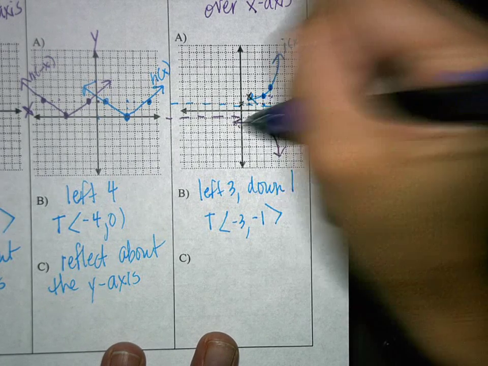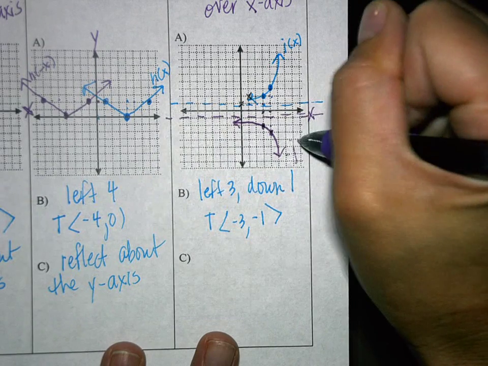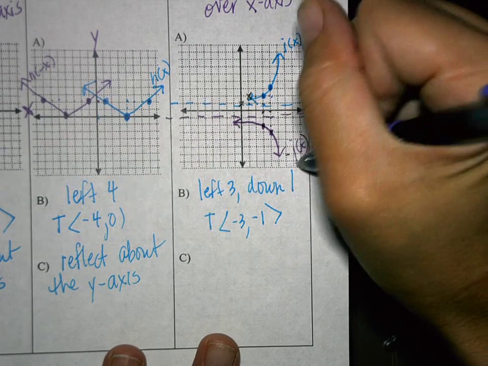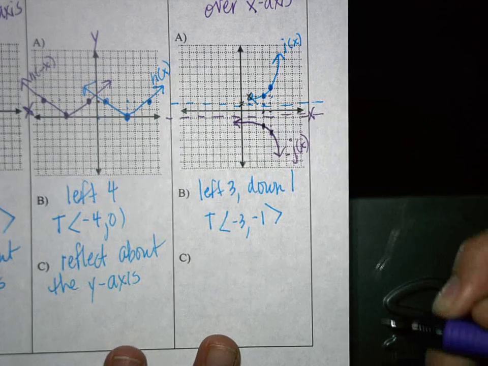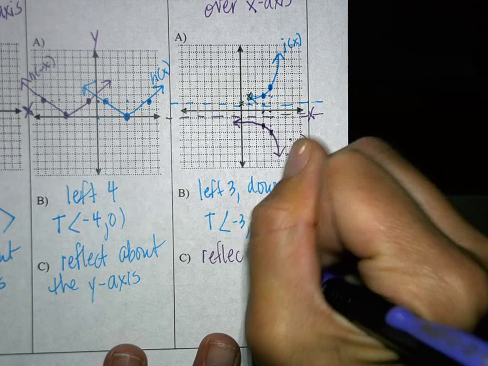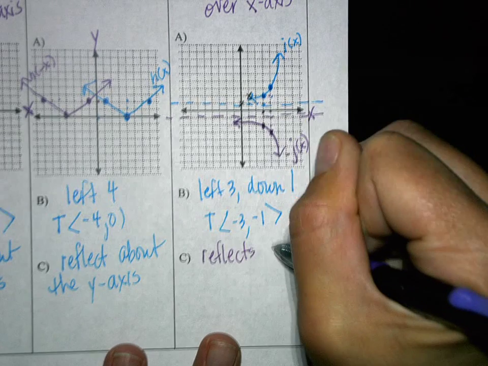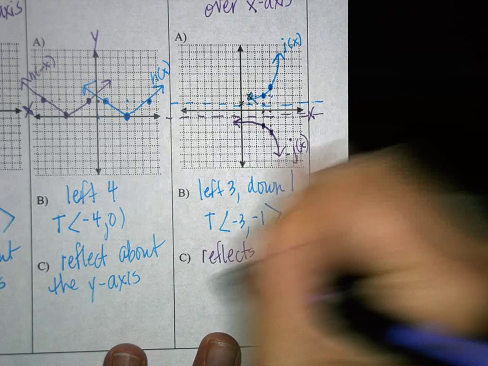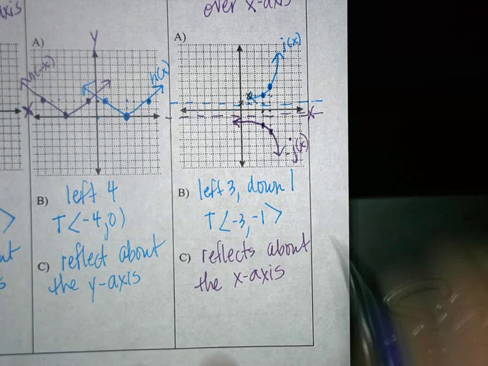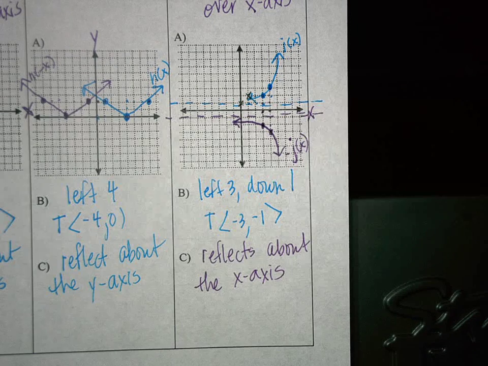And we're going to label that as negative j of x. And all we're going to do is write that it reflects about the x-axis. Okay, questions?